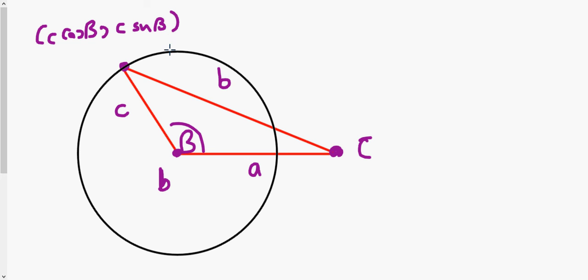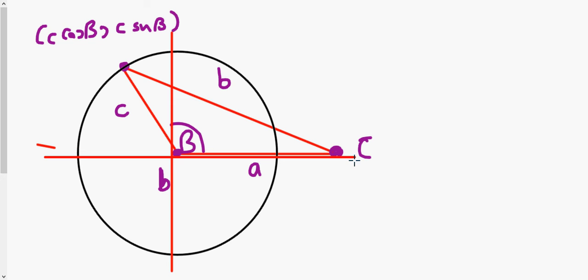If B is at 0, 0, so the centre of the circle B is at 0, 0. That's the one thing you have to learn off by heart, that wherever you put the middle, it's 0, 0. So what does that make the point C then? That's a, 0, isn't it?